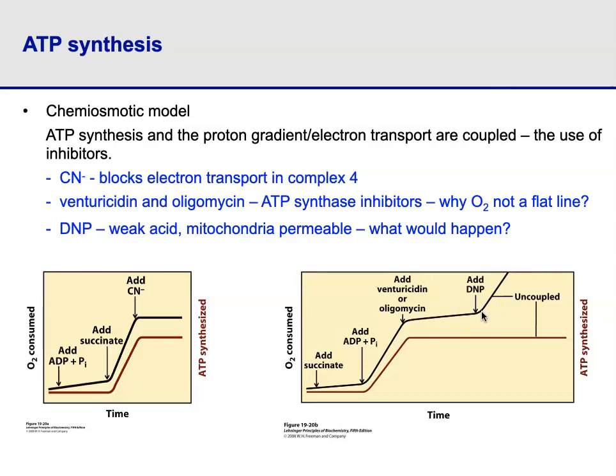Without that weak acid that can channel protons back into the matrix, these two processes will remain inhibited, because there is nothing to relieve the pressure generated in the intermembrane space from the high concentration of protons in it. So you can see how these experiments demonstrate the connection between the two processes.